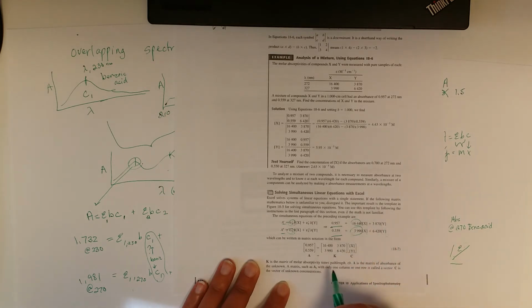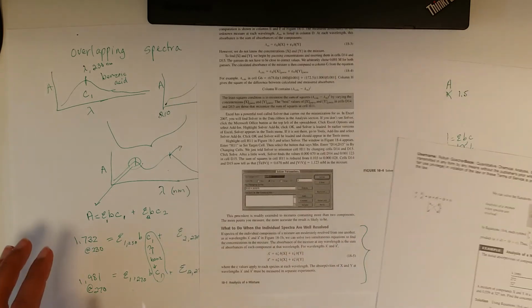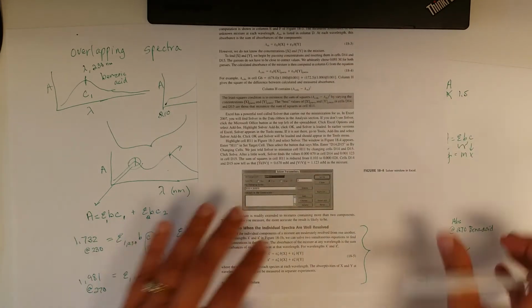And you rearrange it into matrix math. And if you don't know linear algebra, just follow the positioning. The 2 absorbances go from there to there, and you bring down these 4 absorptivities, and you set it up. And then what you'll do is you'll go to the next page in the textbook, which I didn't print out, and you'll type stuff into Excel and follow the directions. That's it.